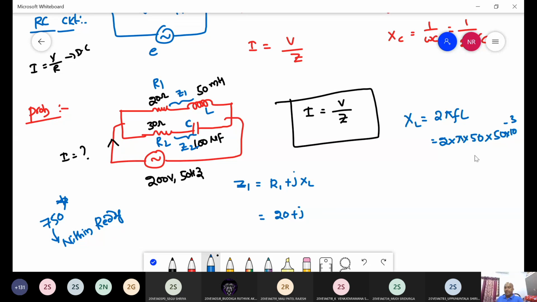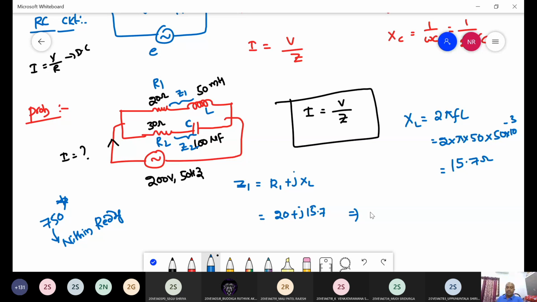Yes, 20 plus j XL, calculate. This is 2 pi FL, that is 2 pi into 5, 5 pi. How much is the XL value? 5 pi, sir. What is the XL value? 15.7. So that is 15.7. So this is R plus jXL.